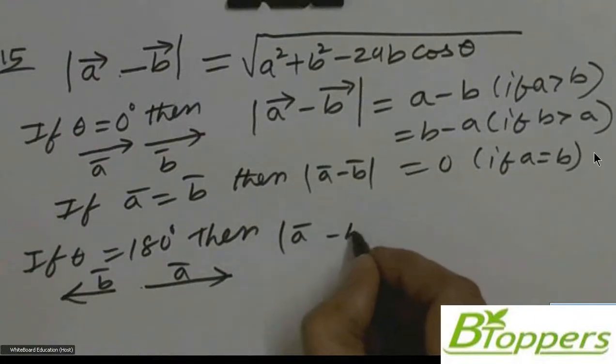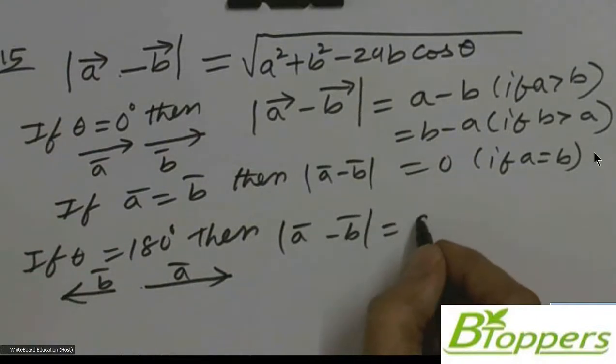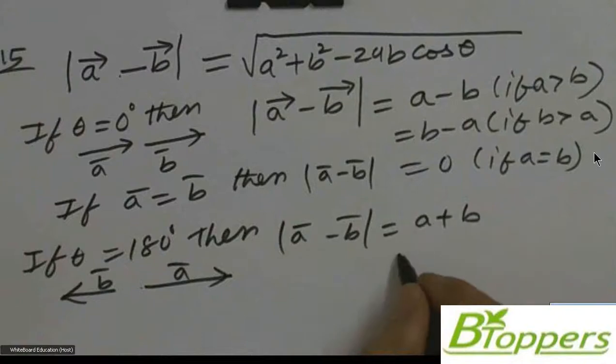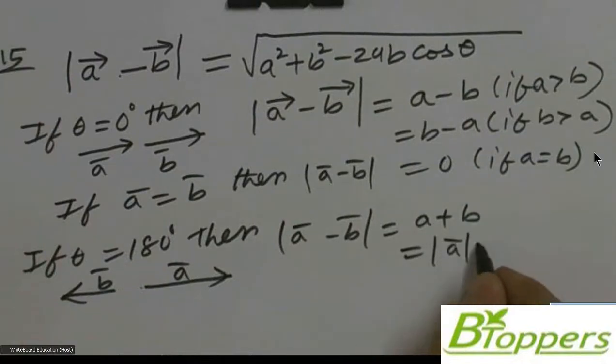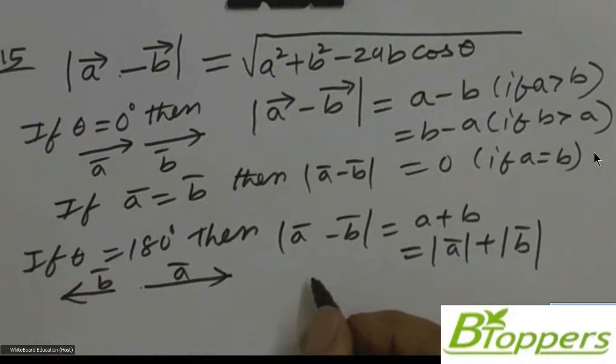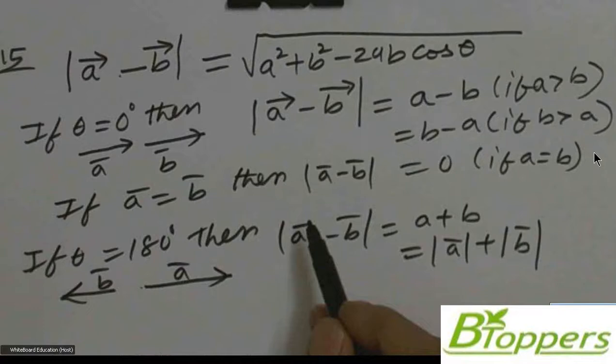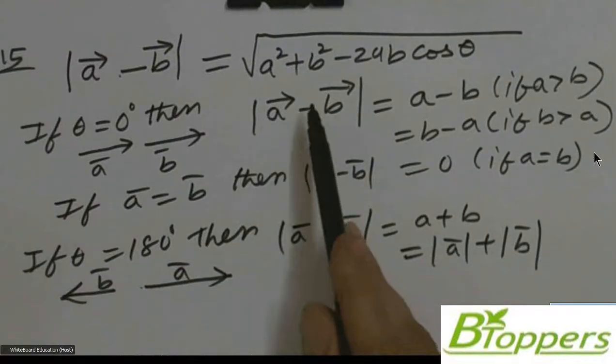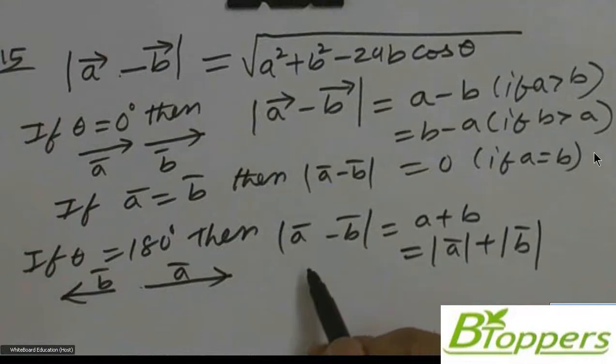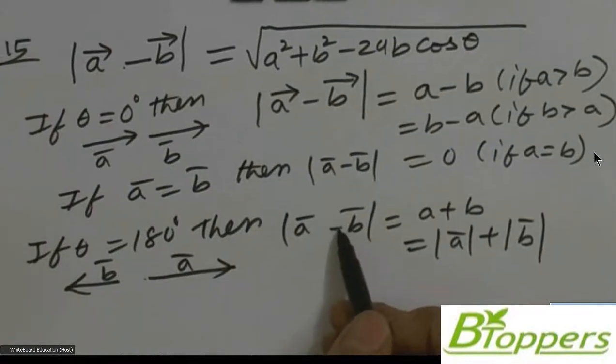You get mod of a bar minus b bar equal to a plus b, or magnitude of a bar plus magnitude of b bar. Actually, all this discussion I have done already in the special cases. This is the special case 1 in subtraction of vectors. This is the special case 2 in subtraction of vectors.